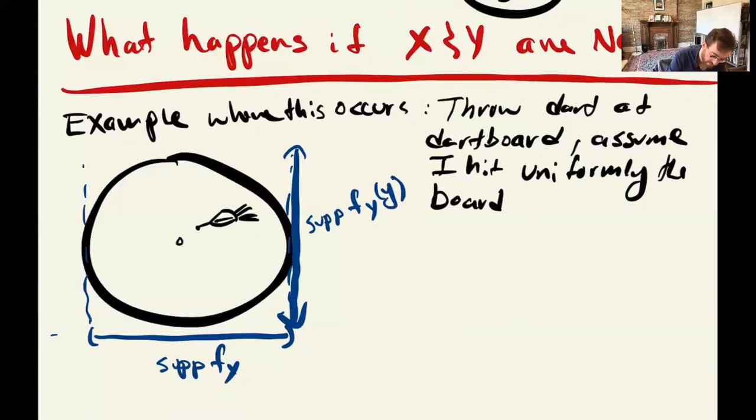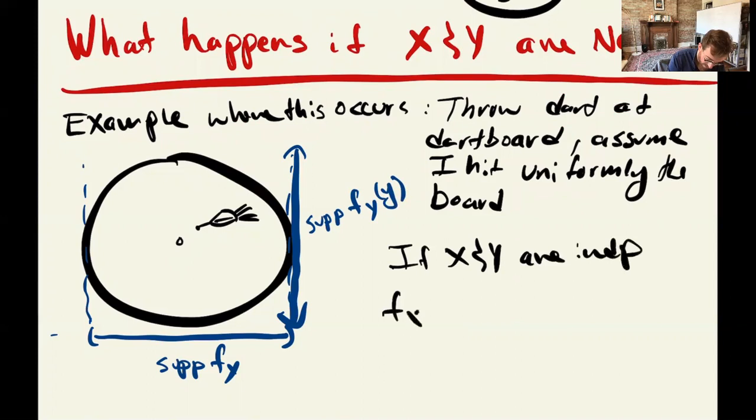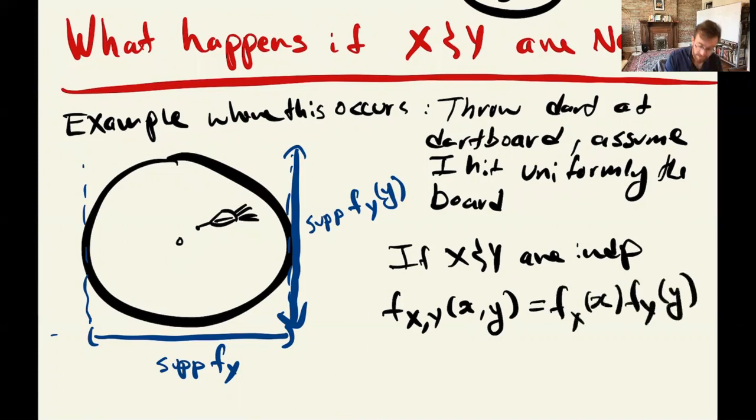Now, if X and Y are independent, and this actually is an if and only if, then the joint PDF is equal to the product of the individual PDFs.